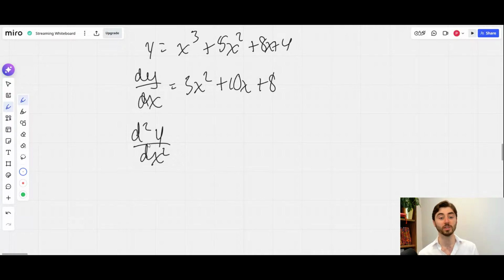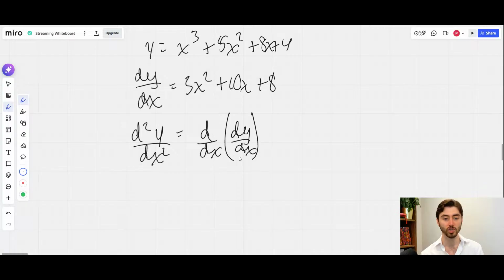So this is differentiating again, and it's telling us how dy/dx is changing as we change x. So in other words, as we're changing x, how is the gradient changing? We do that by differentiating again, and here we just apply the simple process and we would get 6x plus 10. So this tells us how the gradient is changing at different values of x.